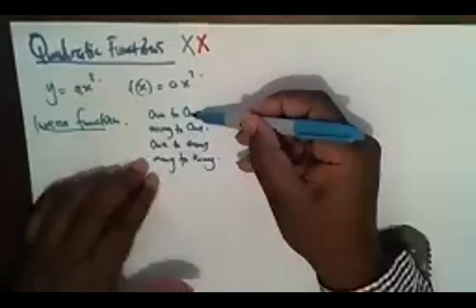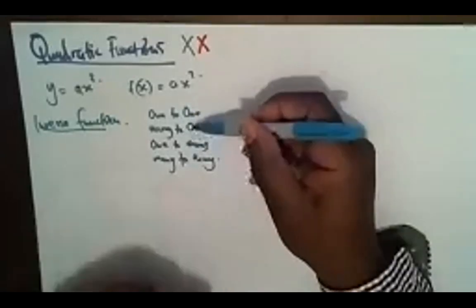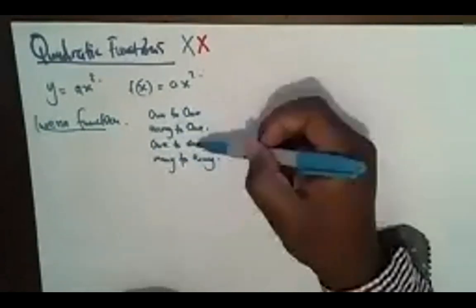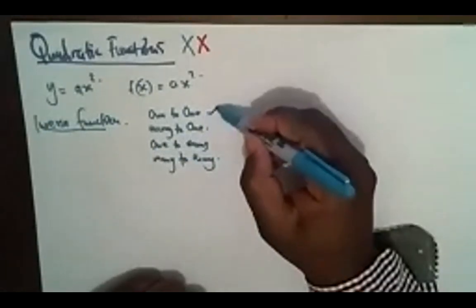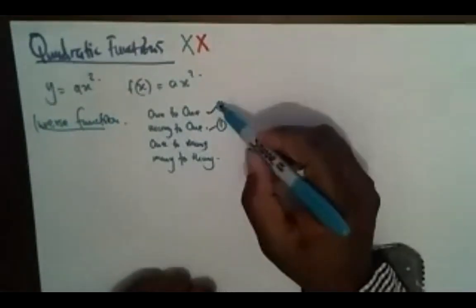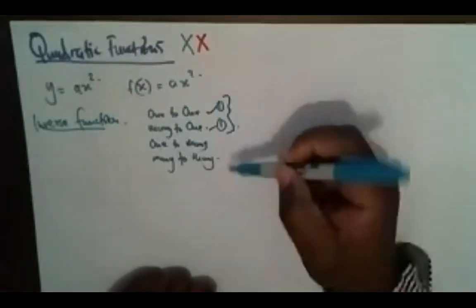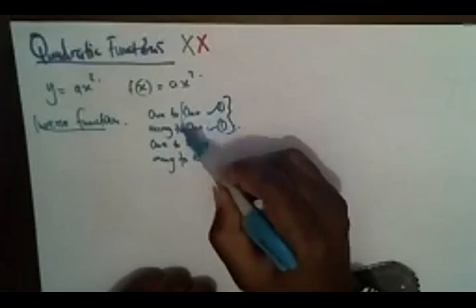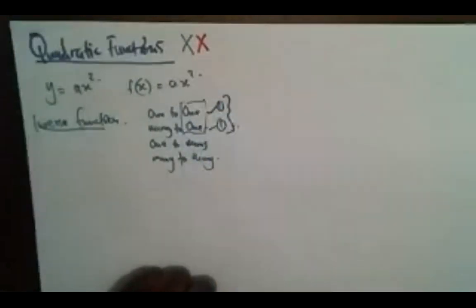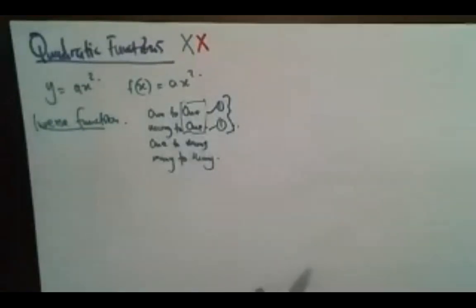We said only the 1 to 1 and the many to 1, only these two constitute functions, because they only give one unique output. So we say those two are only called functions.